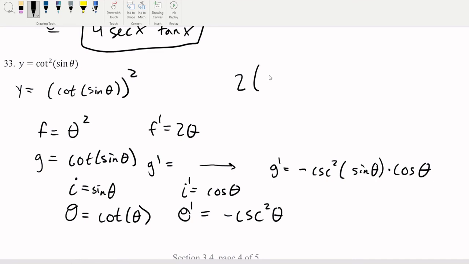I got to plug back in whatever was in there before. Now that's to the 1 power, but we can just leave that off. Then I multiply by the derivative of the inside, which was g prime. So this is going to be negative cosine theta cosecant squared sine theta.